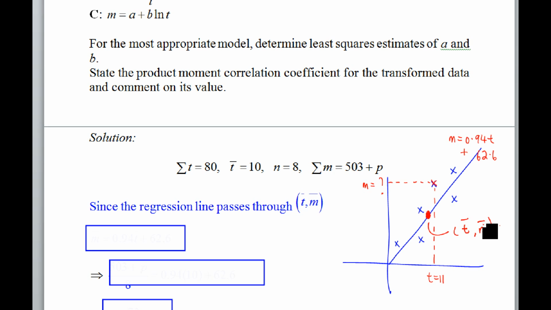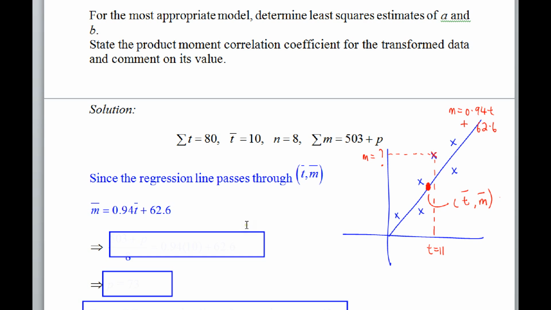Now we know what T bar is, 10. We find M bar. So it passes through T bar, M bar. We substitute into the regression line, we get this.